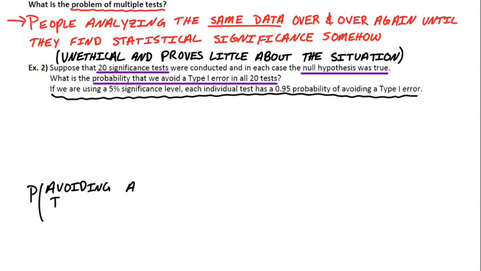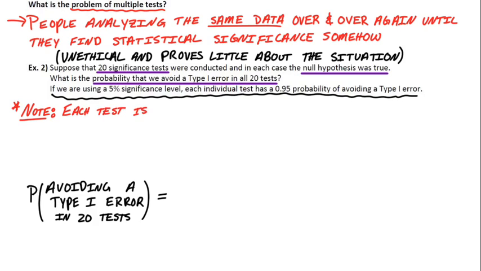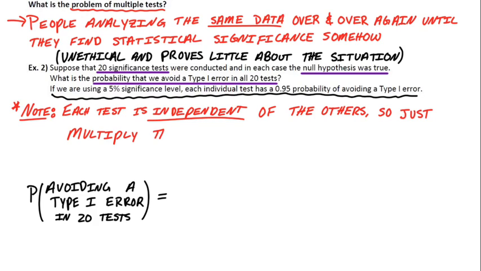So, what's the probability we avoid a type 1 error in all 20 tests? I know it's 0.95 for an individual test, because if alpha is 5% or 0.05, 1 minus that, not making a type 1 error, would be 0.95. Something I want to point out when we actually calculate this: each of those tests is independent, which is nice, because that means we can just multiply the probabilities together.